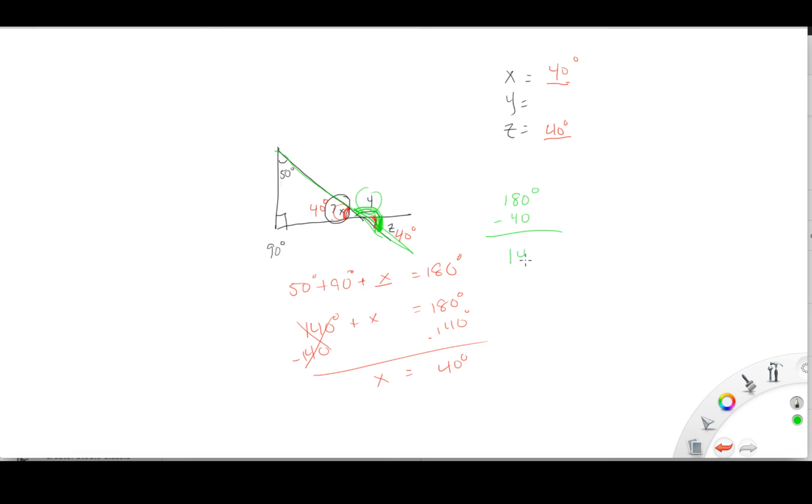That would be 140 degrees. So Y is 140 degrees. All right. So that also means that the opposite of y, if this is 140, this is also 140 degrees, because opposite angles are always the same. Okay, so you'll notice that this angle and this angle are the same, and this angle and this angle are the same. Little bit maybe congested there, but I think it's easy to see.